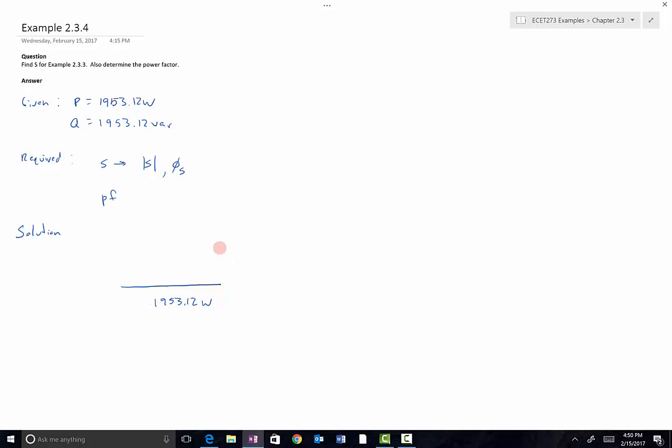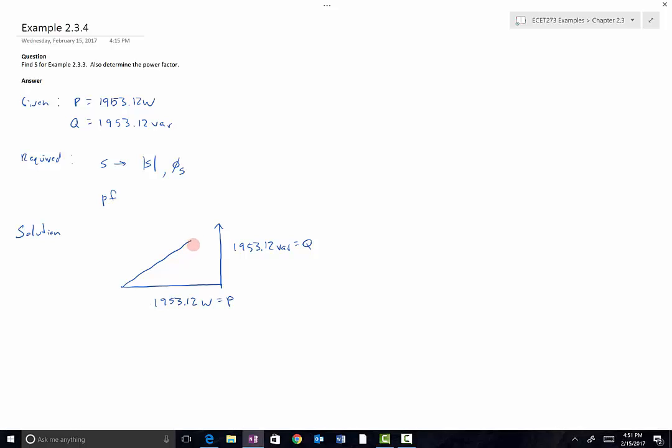And since this is positive var, the power triangle is in the first quadrant of the complex plane. That means this arrow is pointing up, not down. And that's also 1953.12. And that's in var, so that's equal to Q, imaginary or reactive power, and P is real or active power.